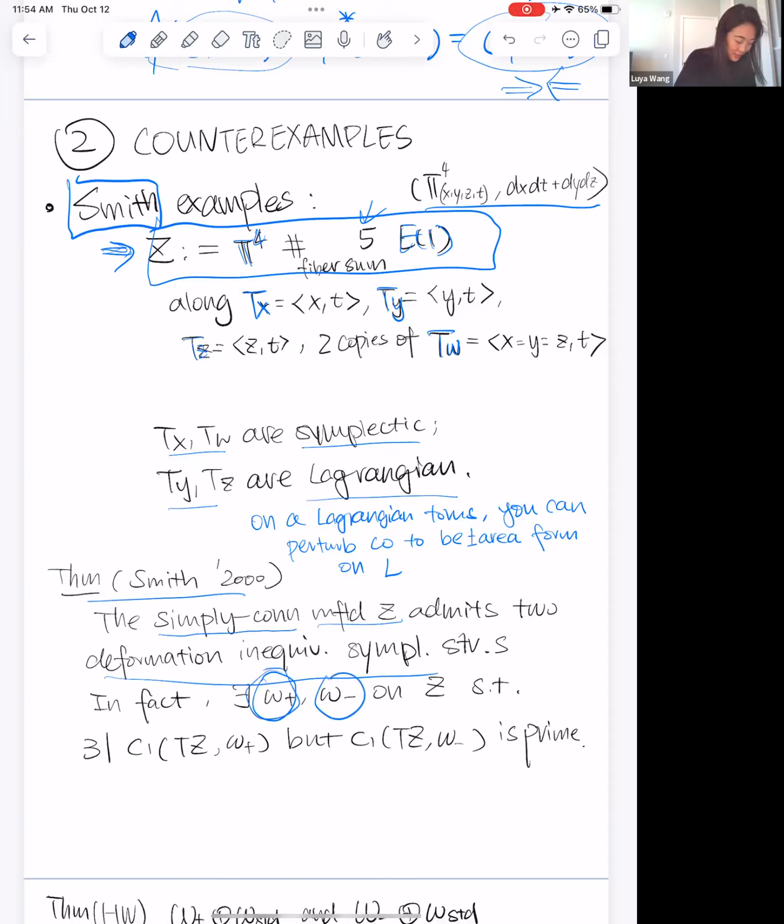This is the symplectic structure obtained by perturbation so that the symplectic forms all agree with the orientation of your tori, and omega minus is obtained by the perturbation so that it disagrees with it. But anyway, these are symplectic structures that have different divisibilities. In fact, 3 divides the first one, while the second one is prime.